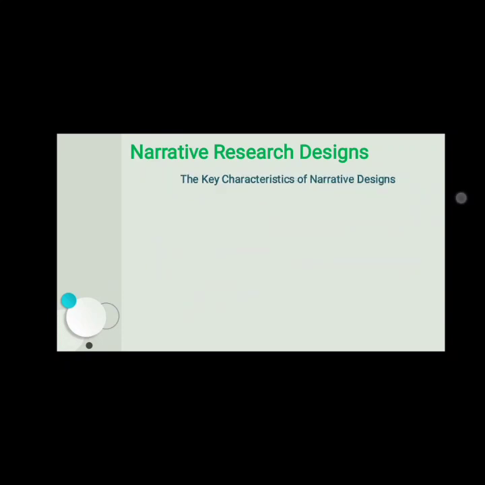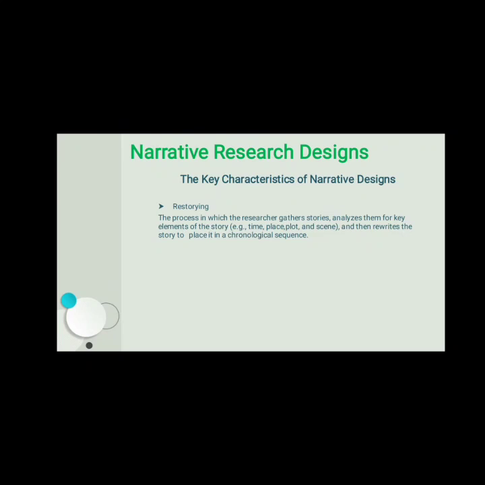The fourth is restorying. In restorying, the researchers gather stories, analyze them for the key elements of the stories, for example, time, place, plot, scene, and so on, and then rewrite the story to place it in a chronological sequence.